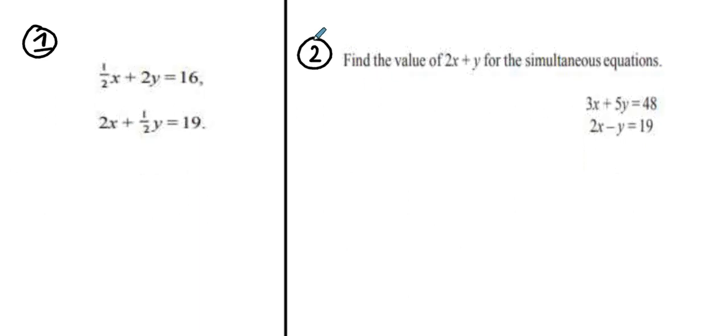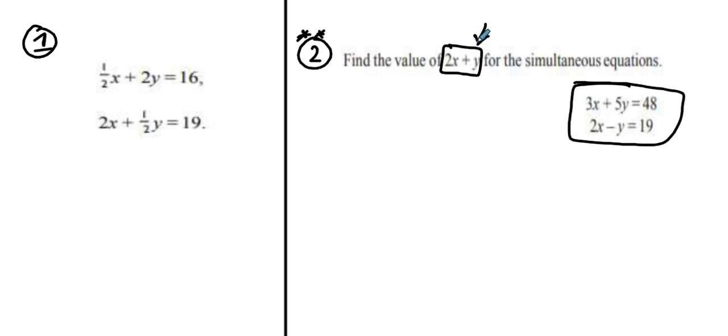To find the value of 2x plus y, we need to find the value of x and the value of y. Once we get them, we are going to substitute the value of y there, and the value of x here.